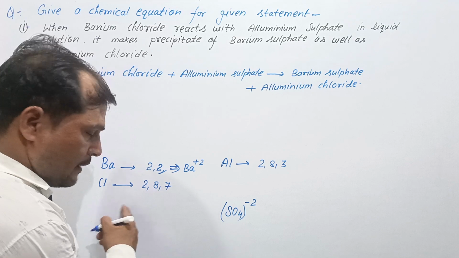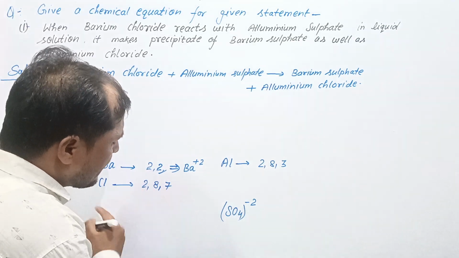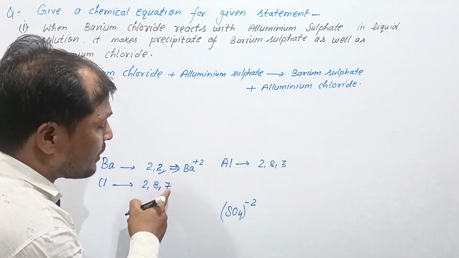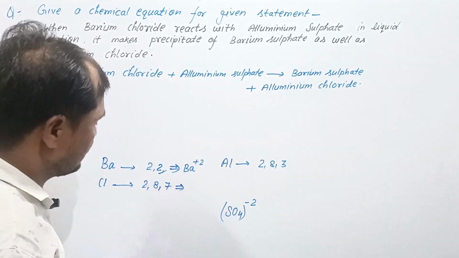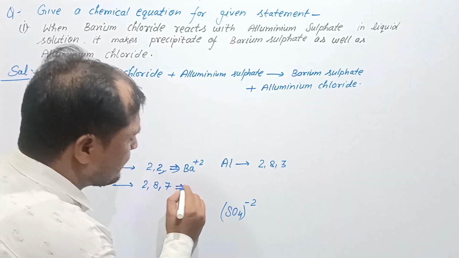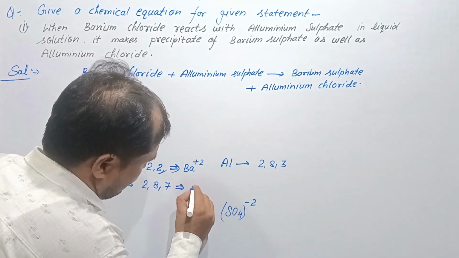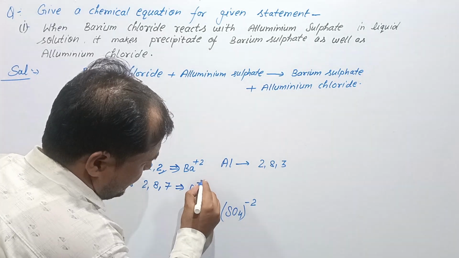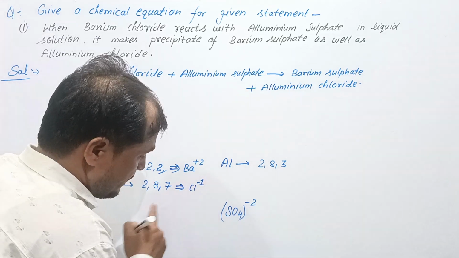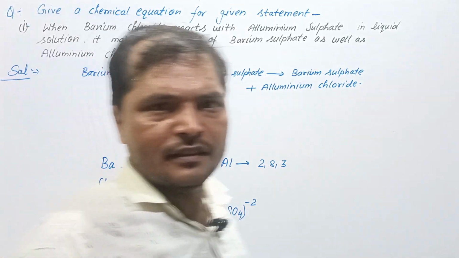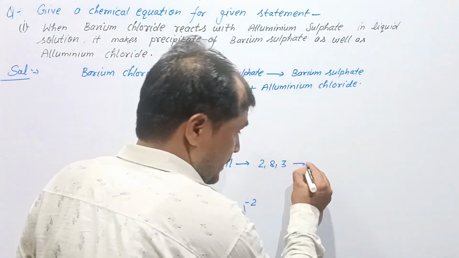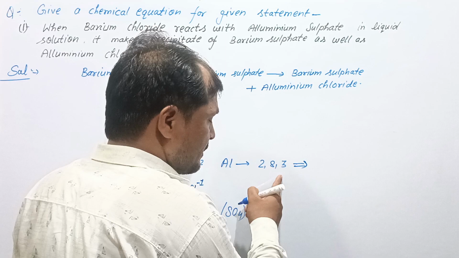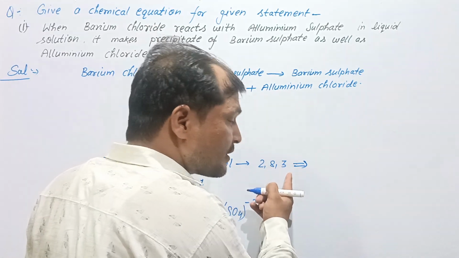Now in chlorine, there are 7 electrons in the outermost shell. Hence its valency will be -1, Cl, because it is a non-metal. And aluminium has 3 electrons in the outermost shell.